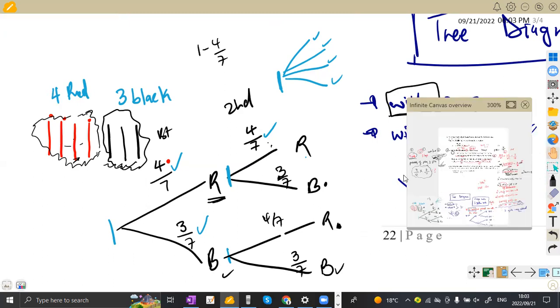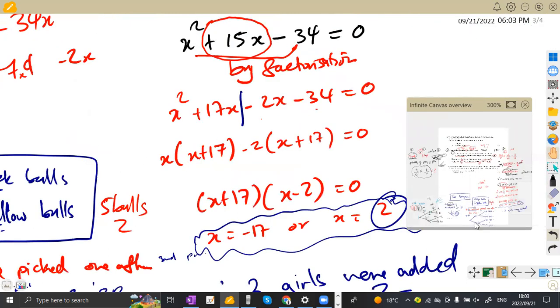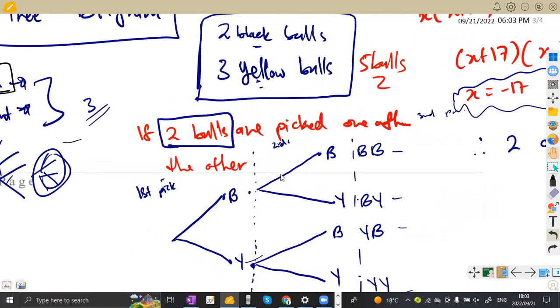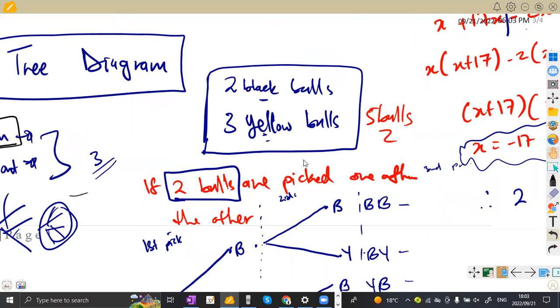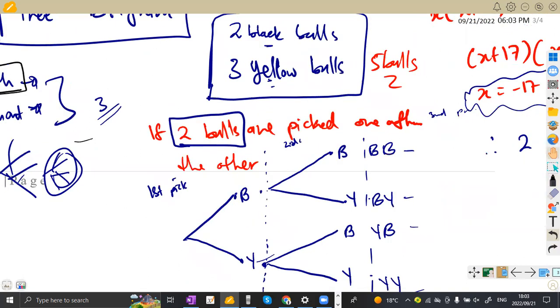All right, so which means here, I think we had something, where was it here? Okay, so on this part here, when we are saying we've got 3 black balls and 3 yellow, it is going to be the same. How many black do we have? There are 2. So it's going to be 2 out of what? Out of 5, because we've got 2 plus 3, which is 5 now.